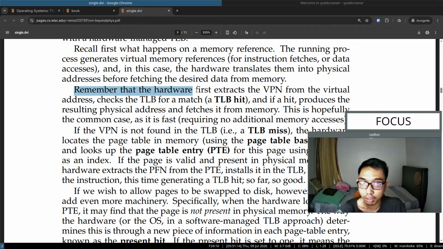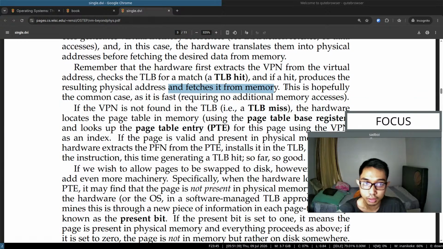Remember that the hardware first extracts the virtual page number from the virtual address, checks the translation lookaside buffer for a match, the TLB hit, and if a hit, produces the resulting physical address directly and fetches it from memory. This is hopefully the common case, as it is fast, requiring no additional memory access.